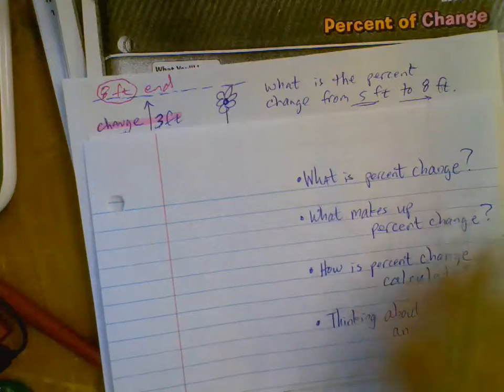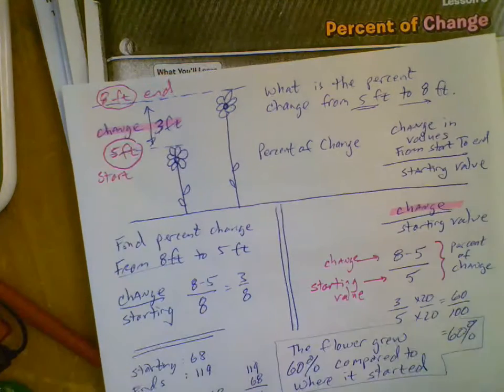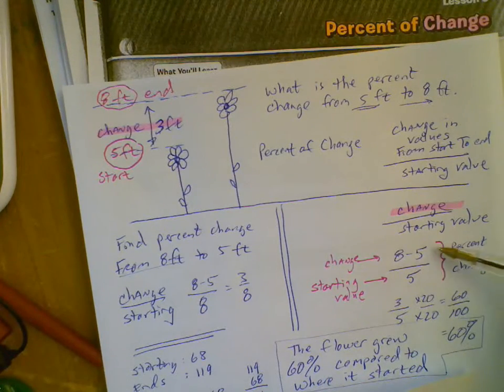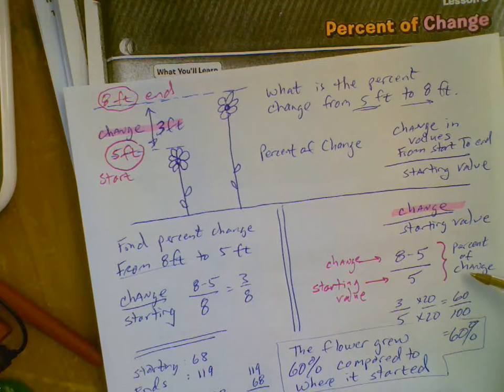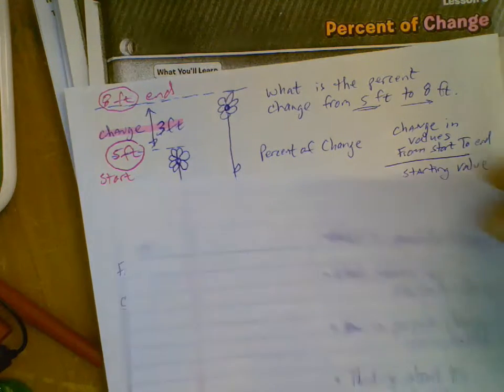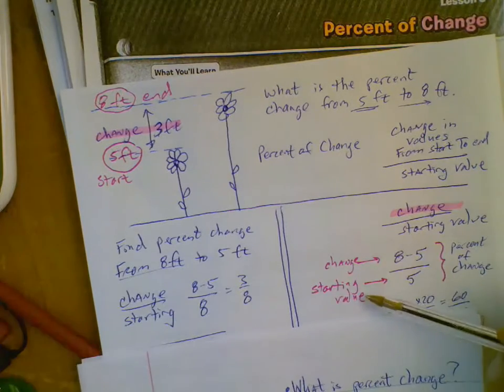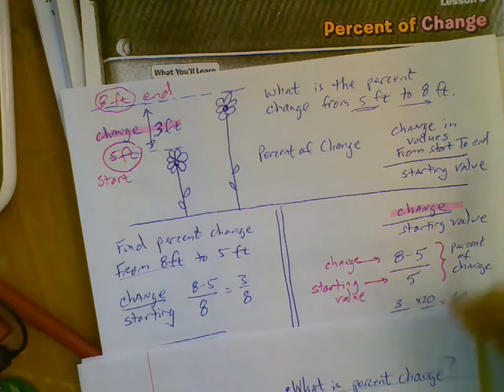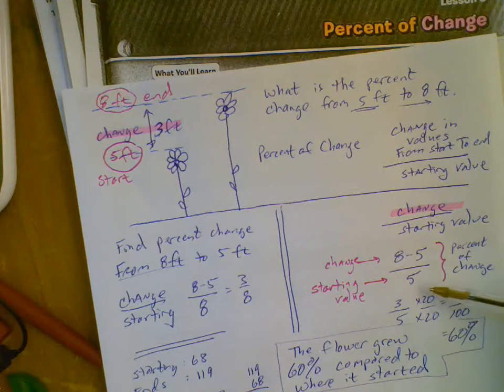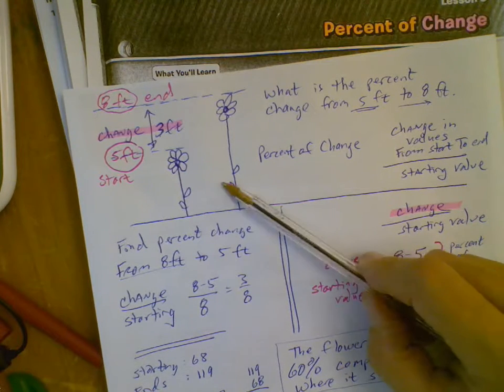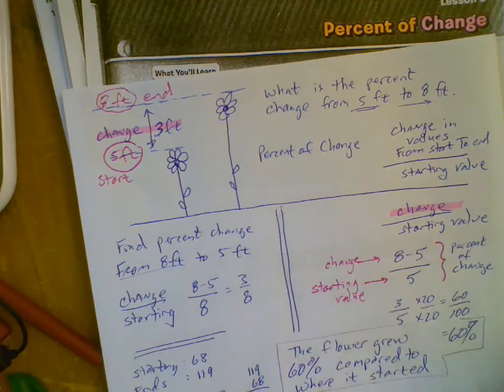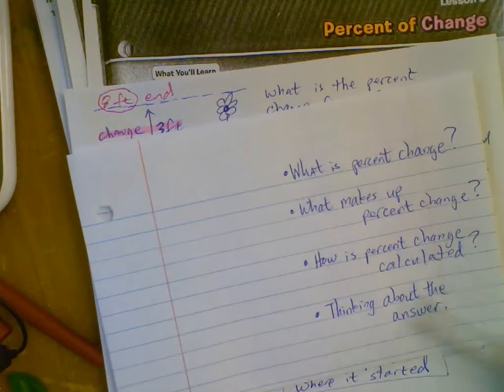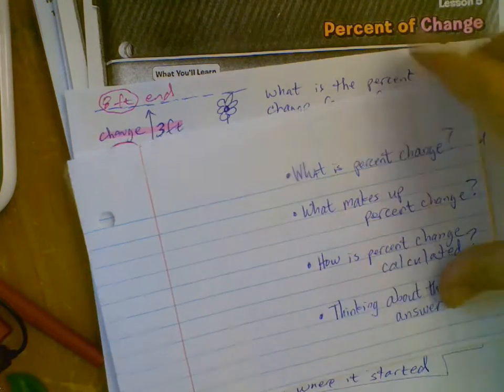We did what is percent change. It's this ratio of the change over the starting value written as a percent, and it's made up of those parts, the change and the starting value. We practiced calculating some examples, remembering the example we have from class. And we did a problem from the homework, and we thought about the answers.